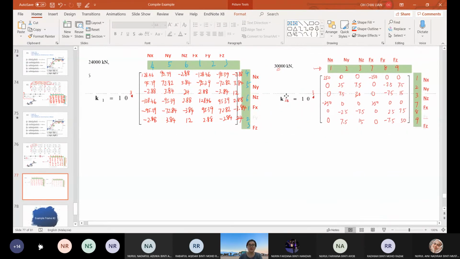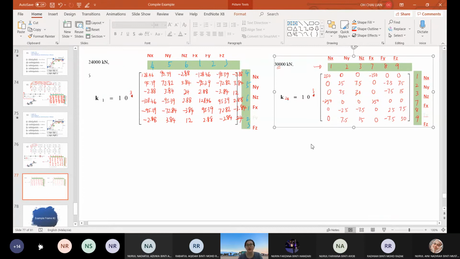Now in the problem, they don't request the complete structure stiffness matrix. So to save our time, we don't need to determine the whole thing. We need to determine the elements in the structure stiffness matrix that will help us to solve the unknown displacements. That's all.